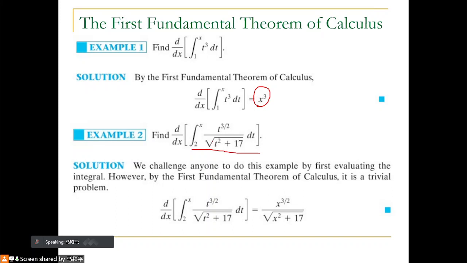But if we remember the first fundamental theorem, we find we do not need to calculate this definite integral. We just let t be x, so it's x to the power 3/2 over the square root of x squared plus 17. So we can directly write the answer by the first fundamental theorem.